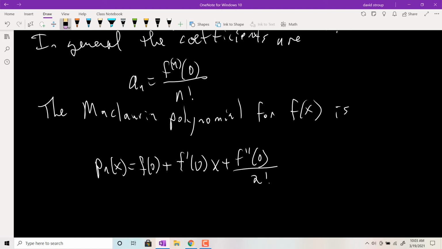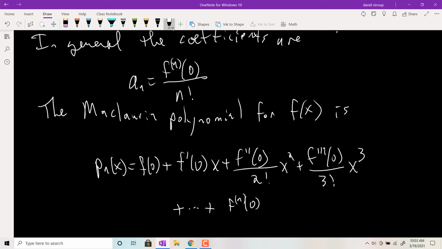Oops, I forgot my variable. So that'd be times x squared plus f triple prime of 0 over 3 factorial times x cubed plus dot dot dot plus f n, the nth derivative of f at 0 all over n factorial times x to the n.